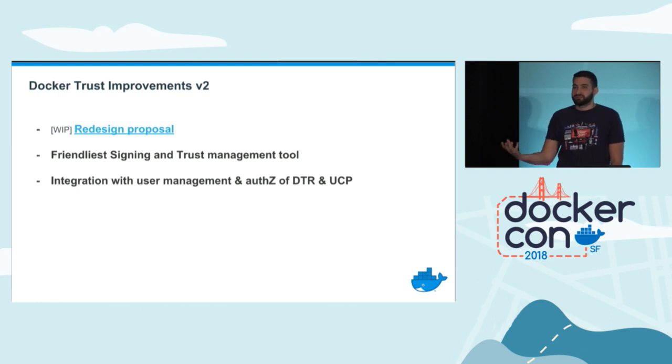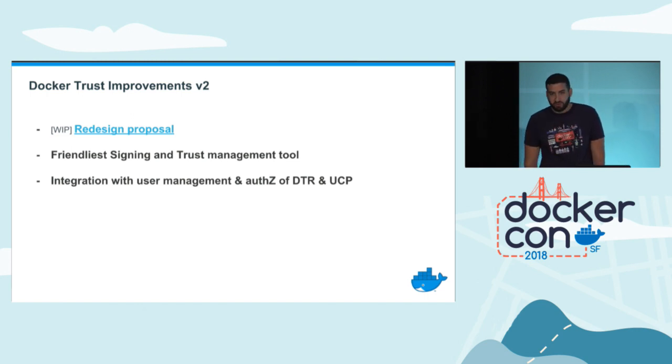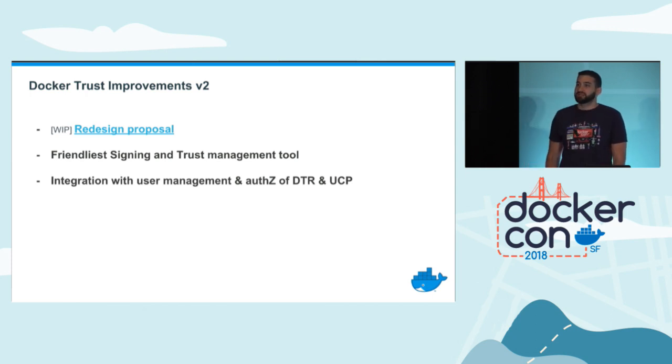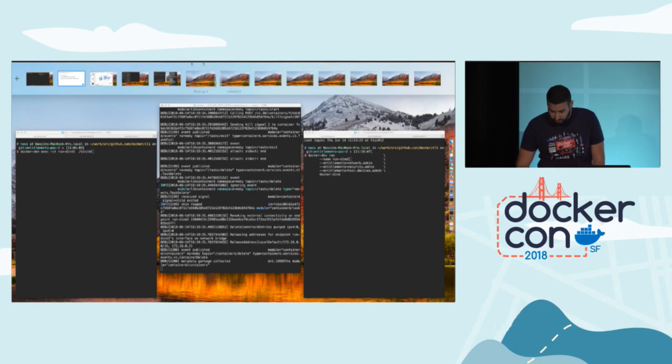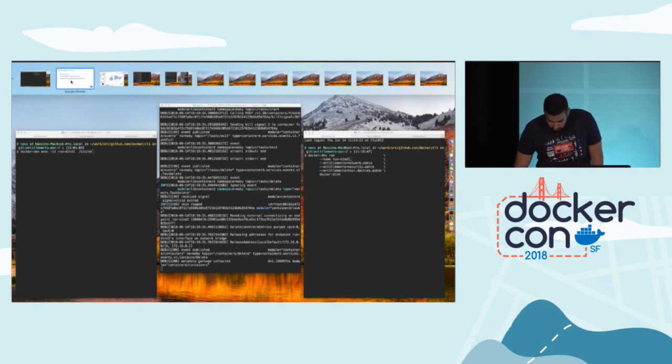Managing groups of signers is pretty important at scale. The idea is to provide the friendliest signing and trust management tool possible, with the ability to specify signing policies onto images. Let me show you, by the way, it's going to be a little bit simpler.